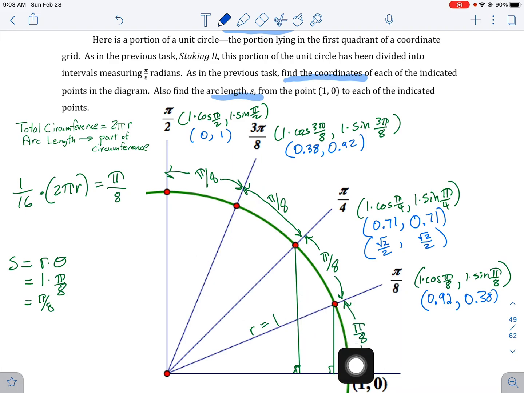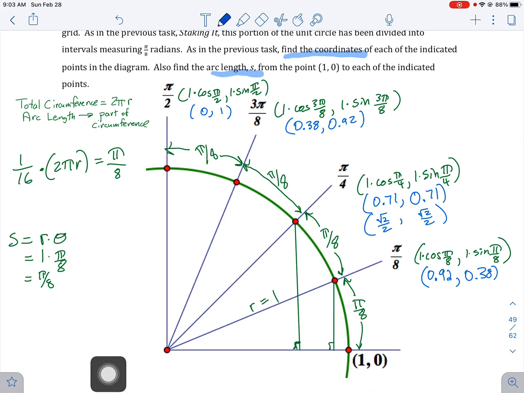So on the unit circle, the arc length right here is pi over 8. Each of these arc lengths are going to be equal. So you've got pi over 8, 2 pi over 8, 3 pi over 8, and 4 pi over 8. That actually matches the angle measure in radians of pi over 8, 2 pi over 8, 3 pi over 8, and 4 pi over 8.